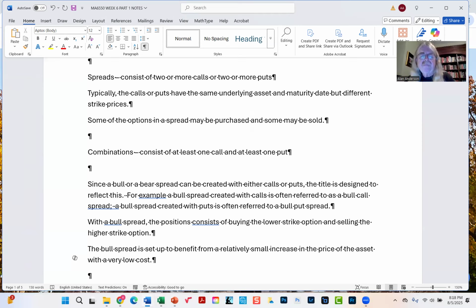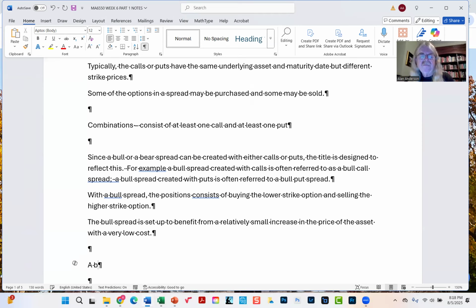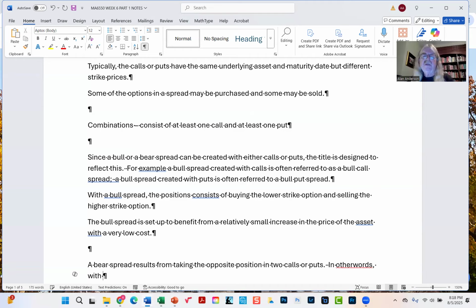But a bear spread results from taking the opposite position, using calls or puts. In other words, with the bear spread, we are buying the high strike option and selling the low strike option.